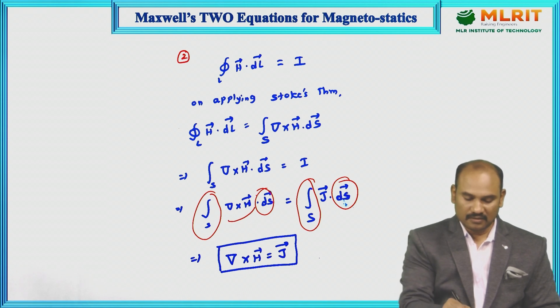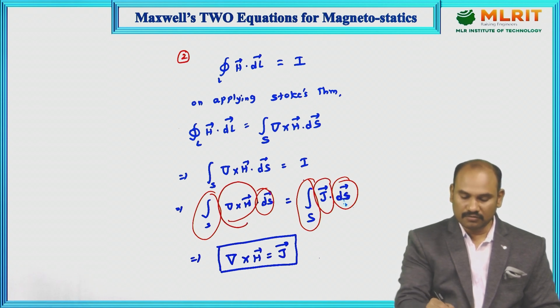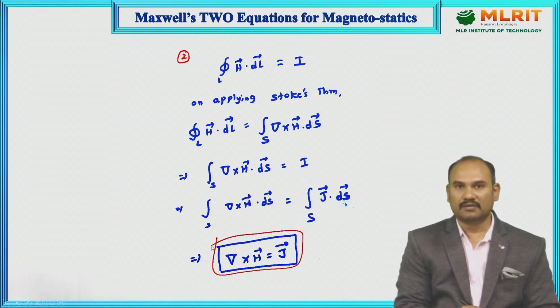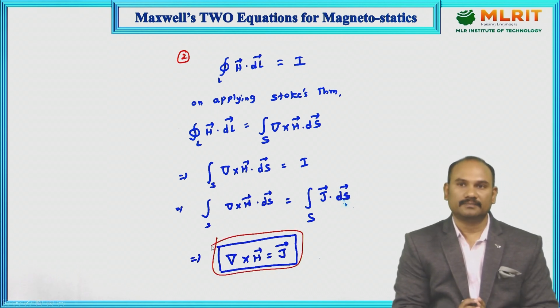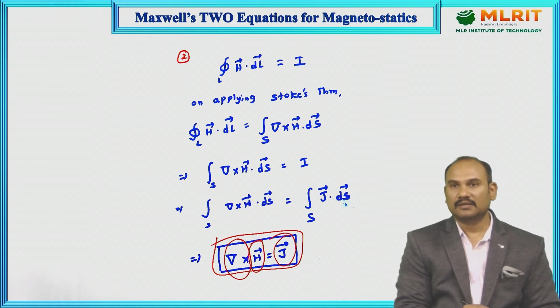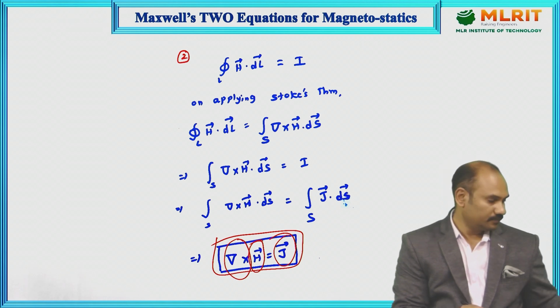Then del cross H equal to J bar. That's what I have written here. Del cross H equal to J bar. Now how do you make a statement out of this? Del cross means curl, H bar means magnetic field, J bar means electric current density. How do you make a statement?